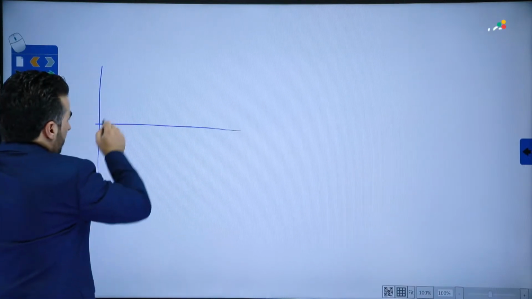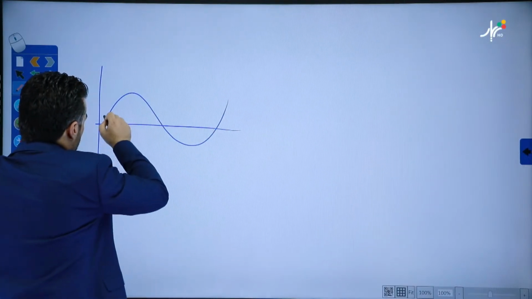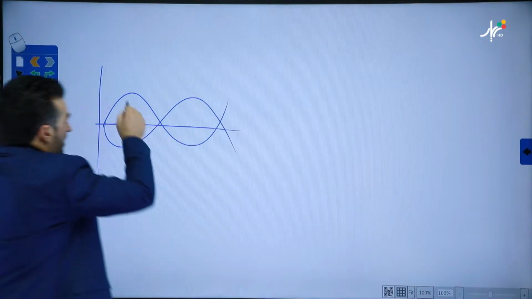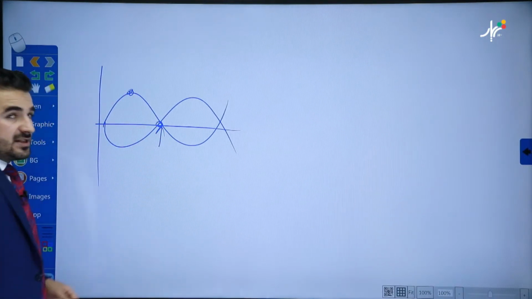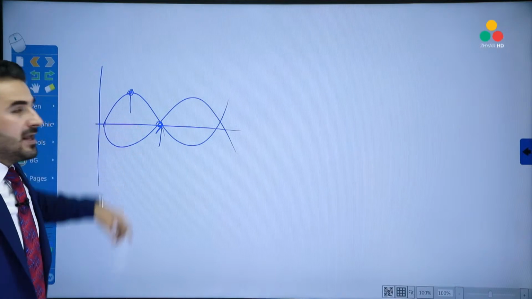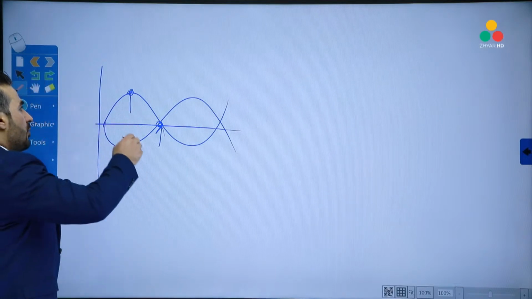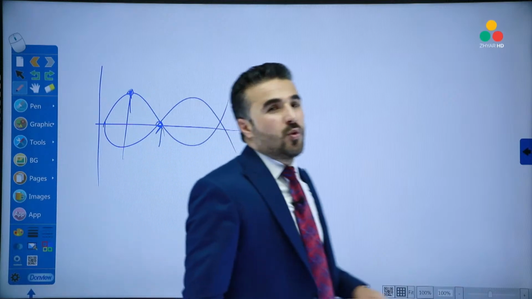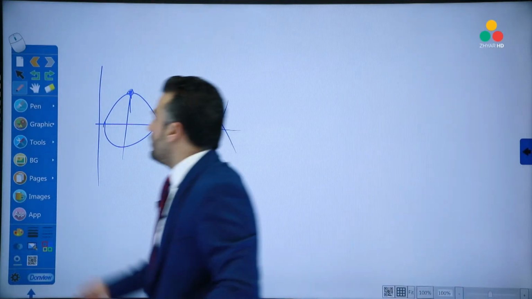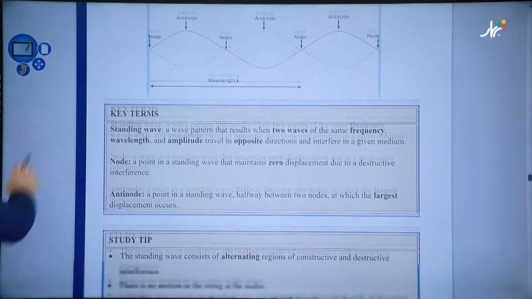So we have nodes and antinodes. Let's say this point is called an antinode, this is called a node. This point here has zero displacement. This point has maximum displacement. And if we consider the amplitude, you can see that it is going to be twice the amplitude of one, the original wave.